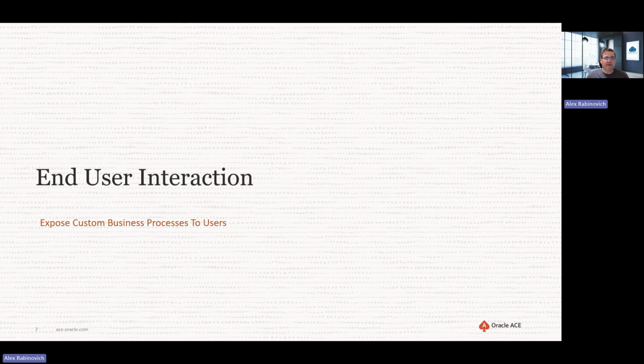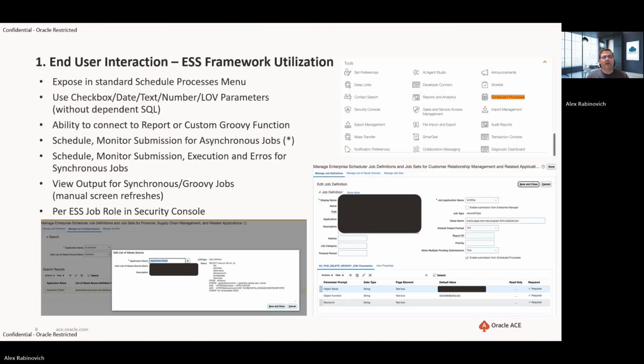So let's start first with end user interaction and see how we can expose a custom business process to users. First is the very well-known ESS framework. Today, users use it for running existing processes like legacy transactions and others.